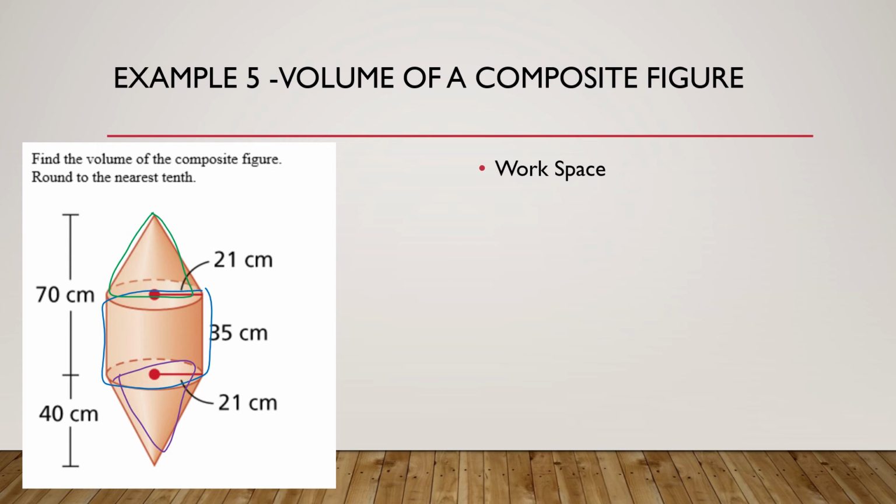So if we are doing the upper cone, my formula for volume, since it's a cone, we would take pi r squared times h divided by 3. So we have our pi. We look at the radius of the upper cone, it's 21 squared, and now we have to multiply it by the height.